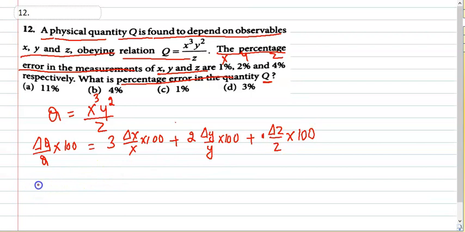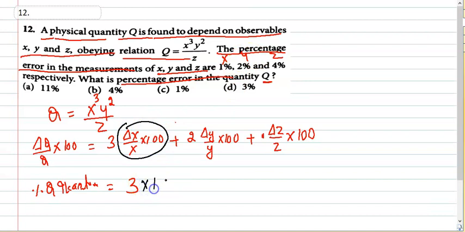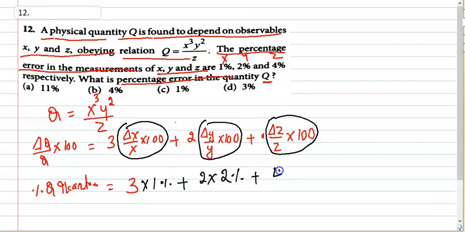The percentage error in x is 1 percent, so 3 into 1 percent, plus 2 into delta y by y into 100, which is 2 percent, plus delta z by z, which is 4 percent, into 1.